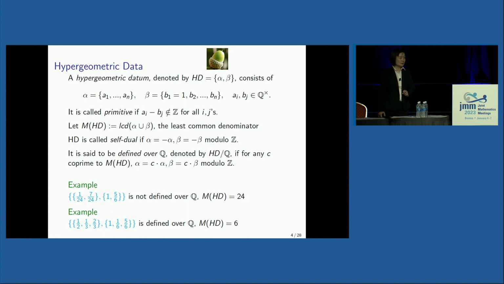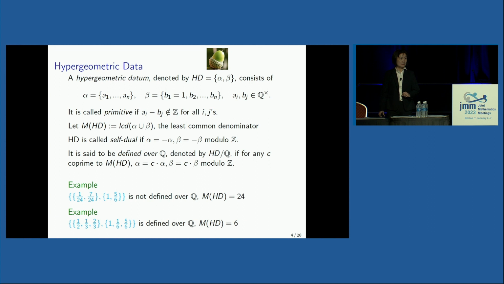For example, there are 2 examples which will pop up a few times. The first one, with level 24, has alpha consisting of 1/24 and 7/24. Clearly, it's not defined over Q. If I have 1/24 and self-dual, at least I should see 23/24. The beta set consists of 1 and 5/6.